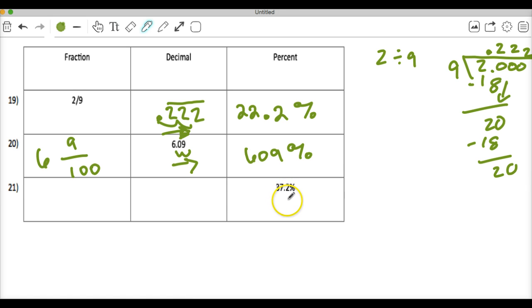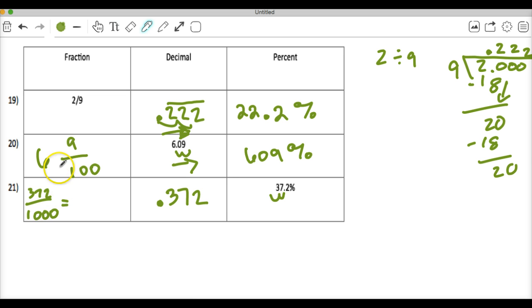Finally, we have percent to decimal. So I'm going to go ahead and move my decimal 2 places to the left. So that's going to be 372 thousandths as my decimal. And to go from decimal to fraction, we have to read this number out loud and make it a fraction. So that's 372 thousandths.